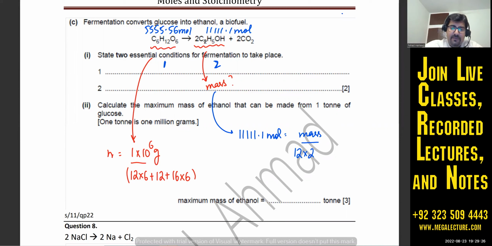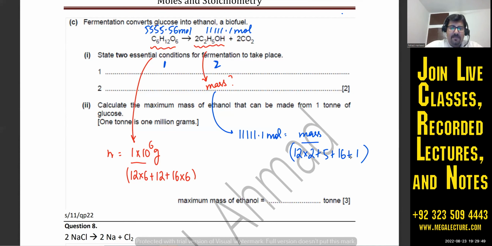So 12 times 2 plus 5 hydrogens plus there's 1 oxygen, so that's 16, plus there is another hydrogen, that's 1. So this I think comes out to be 46, 24 plus 6, that's 30, 30 plus 16, that's 46. So you times 46.